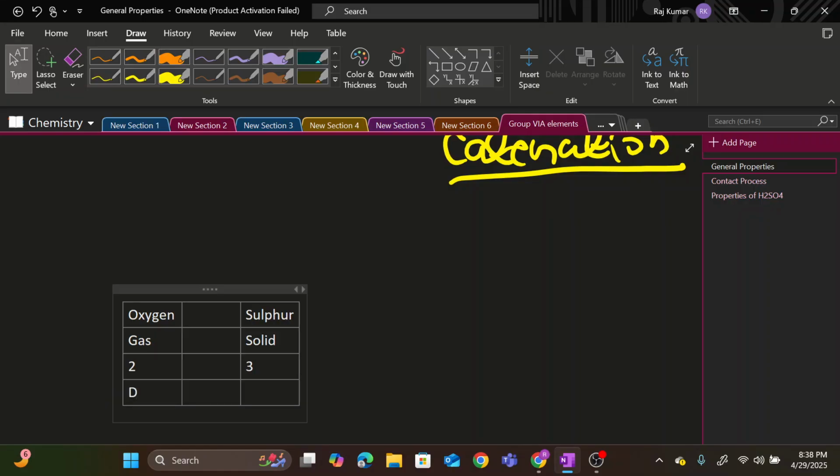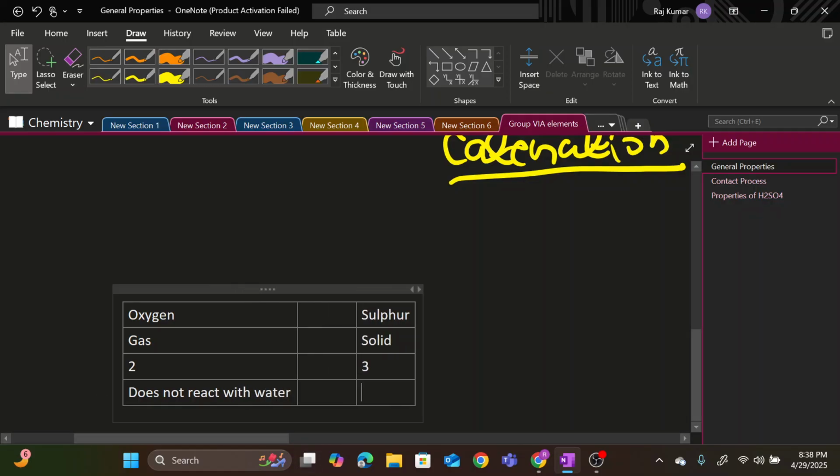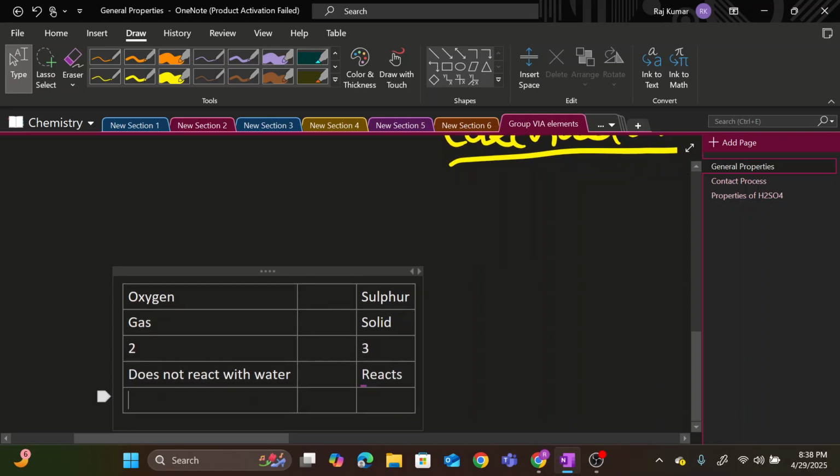Oxygen does not react with water, but sulfur reacts with water. It basically forms hydrogen sulfide and sulfur dioxide gas.